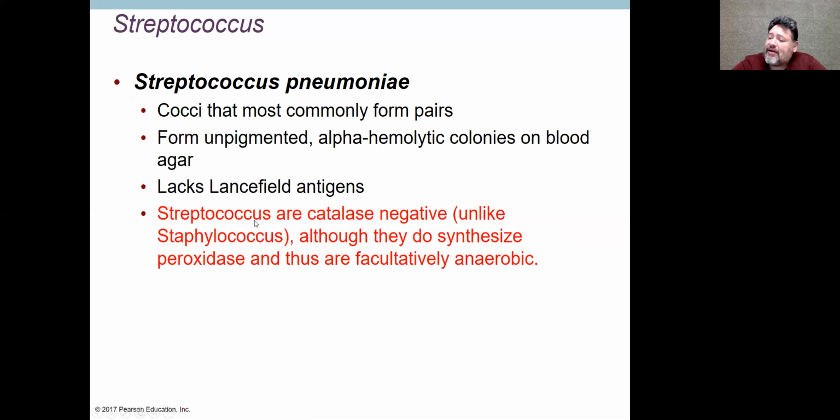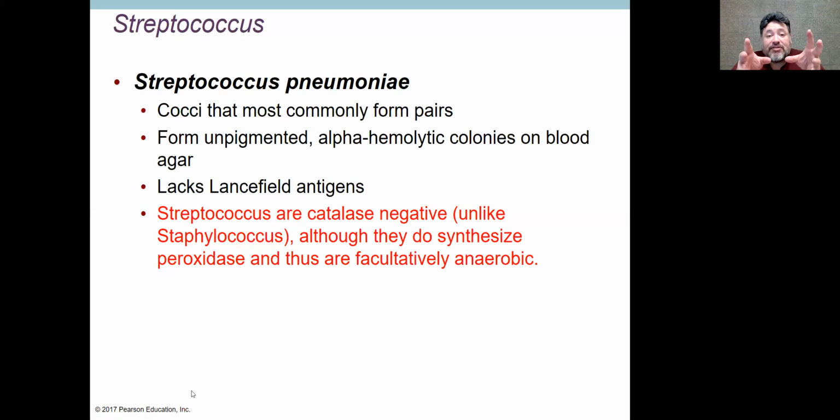It's important to know that Streptococcus is catalase negative. Staphylococcus is not. Okay. How do we know this? Well, you guys just did it in lab. You take a slide, you take a small inoculum of the microorganism, and then you add 1.5% hydrogen peroxide.